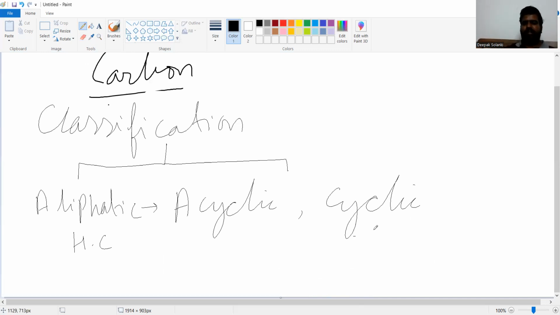Acyclic, there is no ring. Cyclic, there is a ring structure. In cyclic or acyclic form, this can also be classified into three more: alkane, alkene, and alkyne.